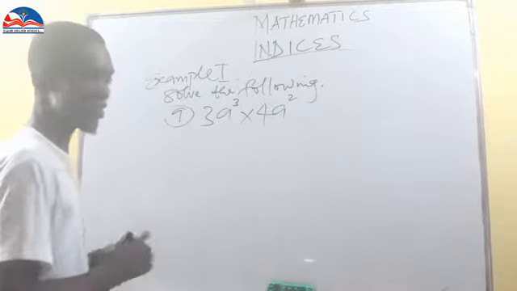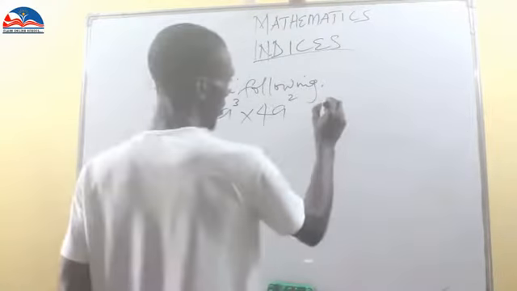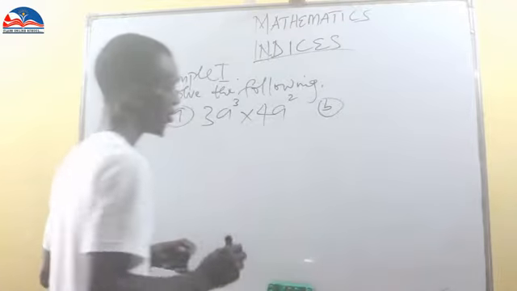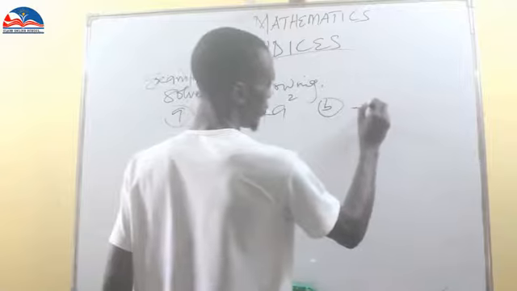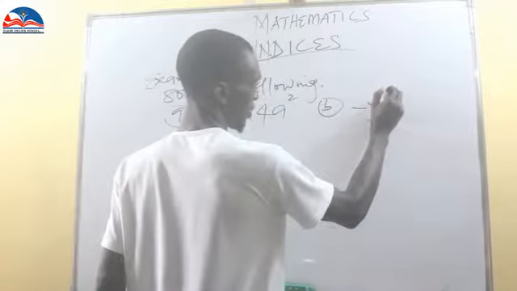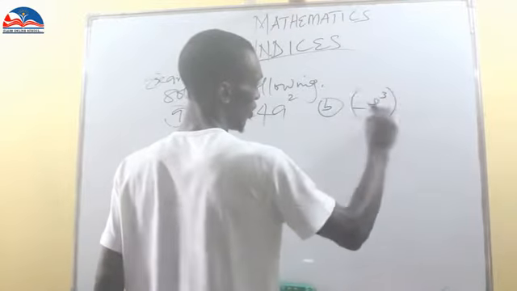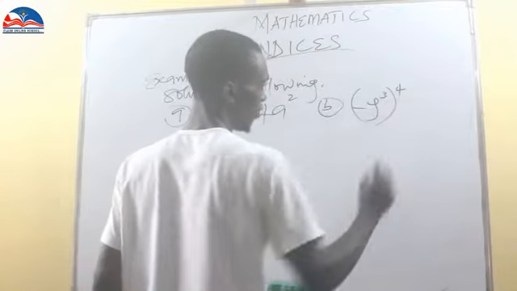B: we have (minus y index 3) all in brackets, index 4.